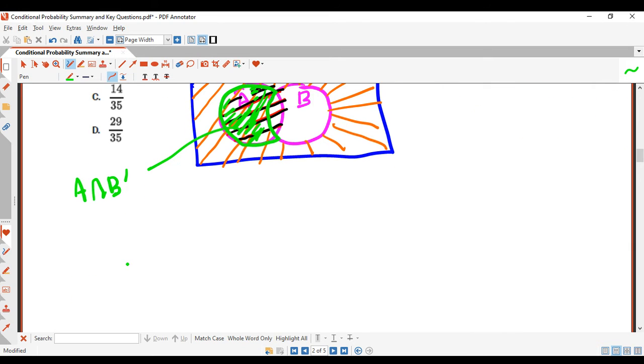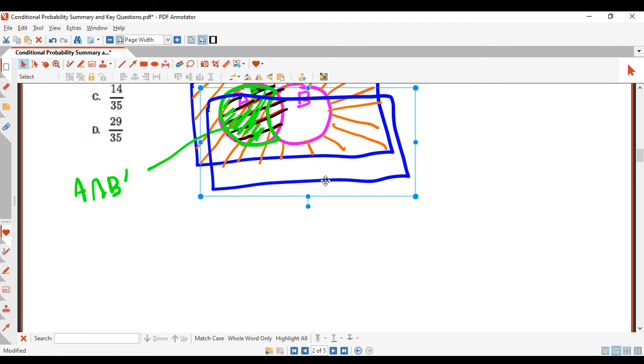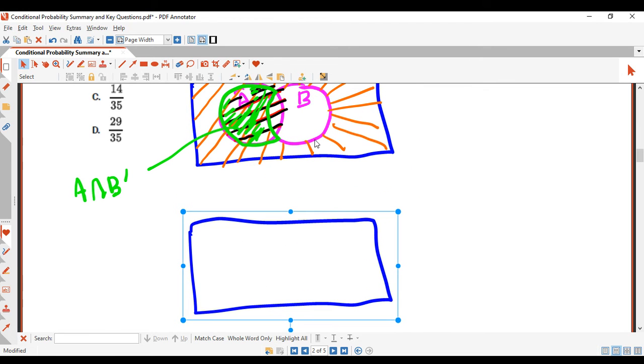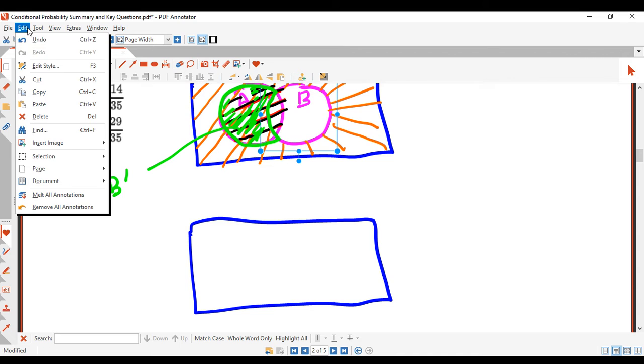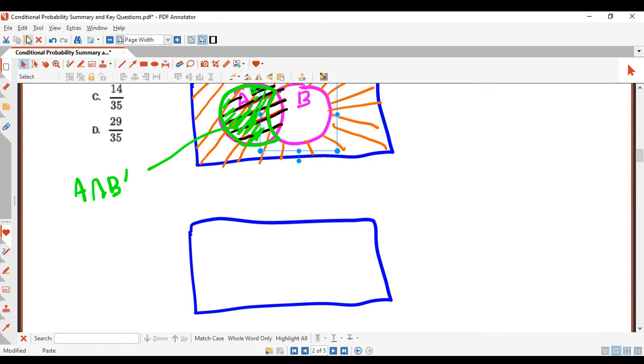Let's redraw a diagram so it's a little bit neater. Not so much lines there. So let's see if I can copy and paste that. Edit, copy, edit, paste. Yeah, that works. There we go. Let's copy and paste.